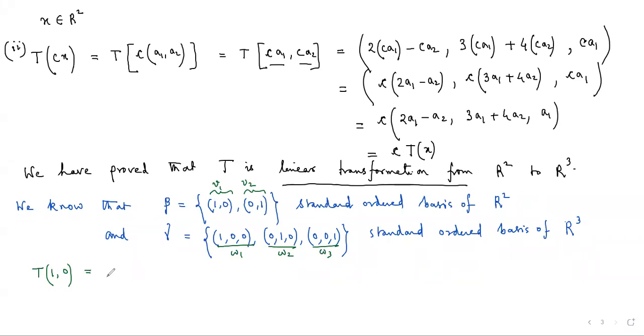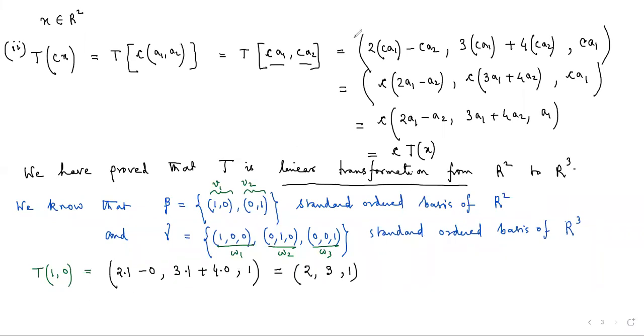So T(1,0), by definition, is 2 into 1 minus 0, comma, 3 into 1 plus 4 into 0, comma, 1, because the transformation is 2a1 minus a2, 3a1 plus 4a2 and a1. And which is (2, 3, 1). This is what we get if we apply the transformation on the basis element.